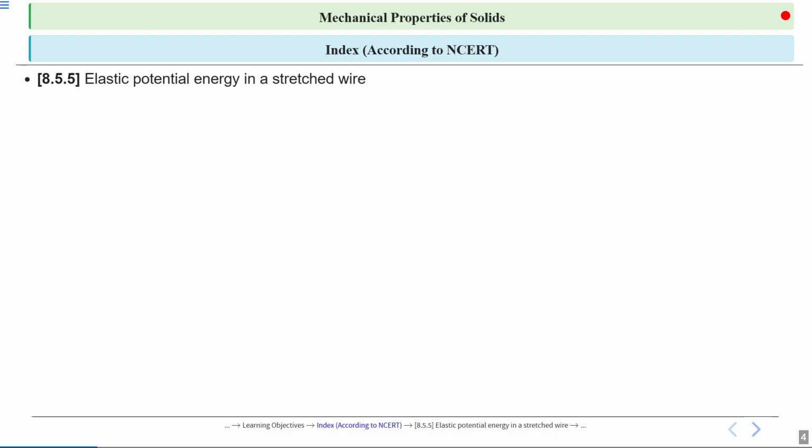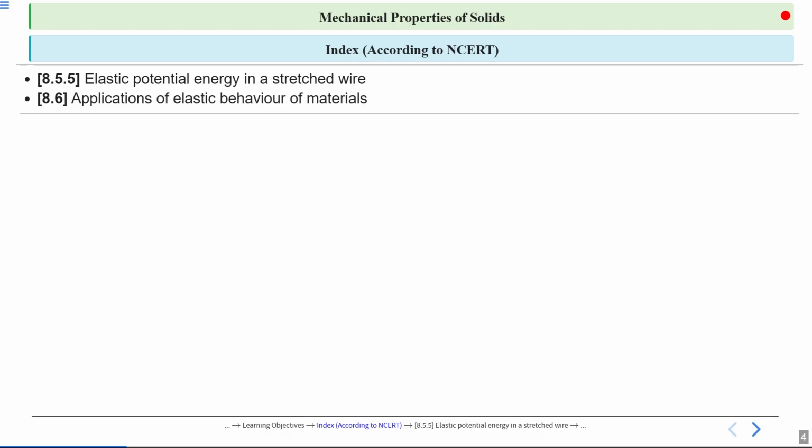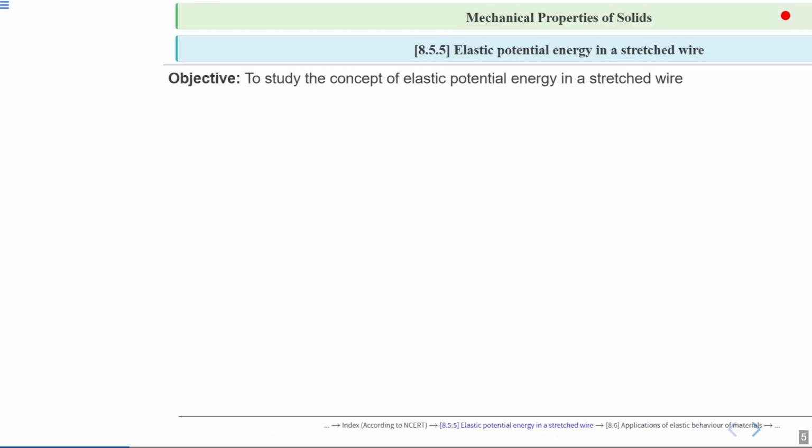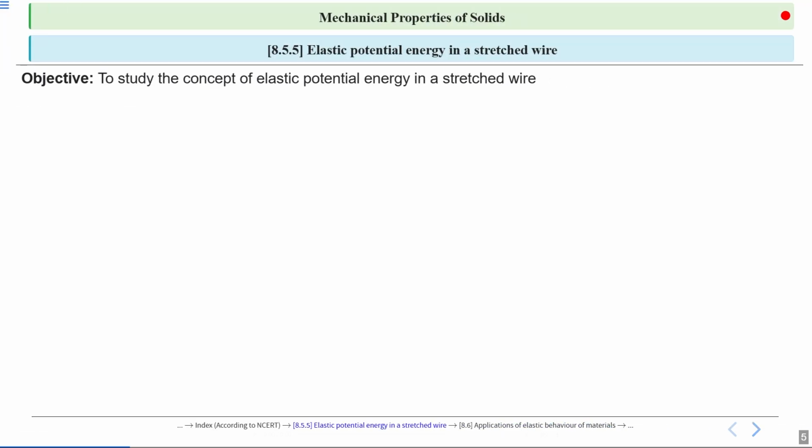In today's lecture, we will cover first 8.5.5 elastic potential energy in a stretched wire. After that, we will learn 8.6 applications of elastic behavior of materials. So let's start with the lecture.